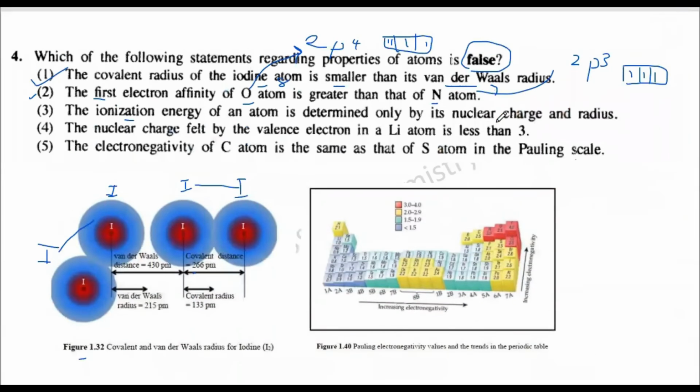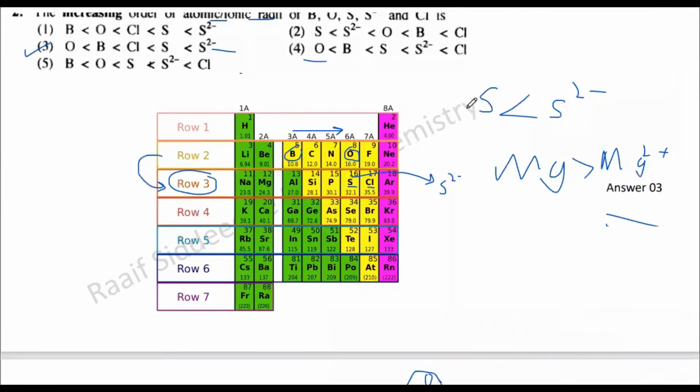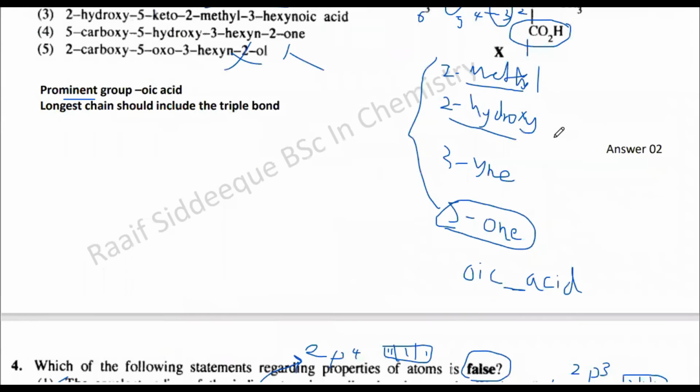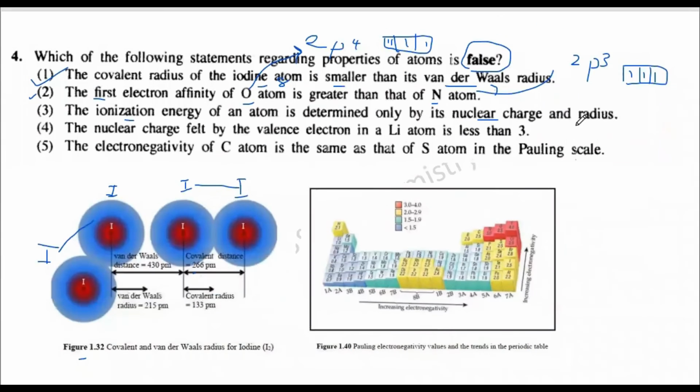So always remember, when you are considering ionization energy, you need to have the effective nuclear charge that is acting on the outermost electron, as well as the radius, which determines the distance from the nucleus to the outermost electron, and plus there should be, as I told you, the shielding parameter.